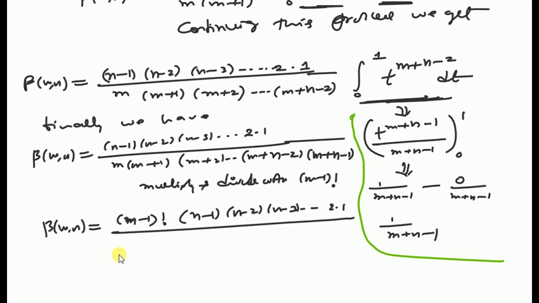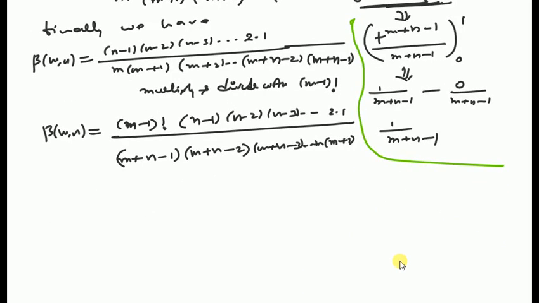in the denominator I have m plus n minus 1, m plus n minus 2, m plus n minus 3, and so on.